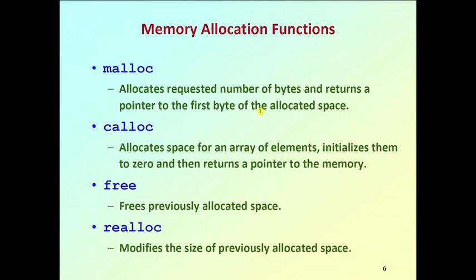Now, we read what the C library functions are that are available for providing dynamic memory allocation. First is malloc. malloc allocates this number of bytes and returns a pointer to the first byte of the allocated space.